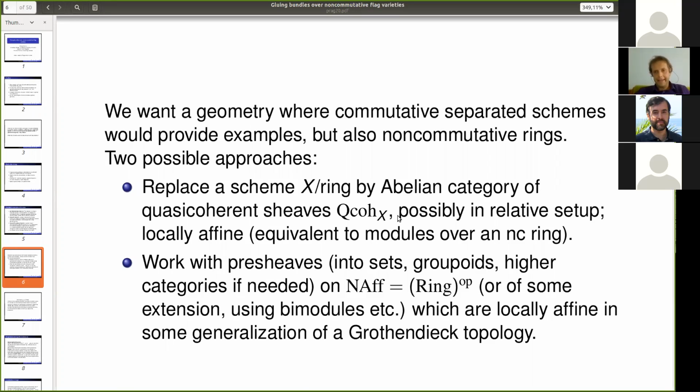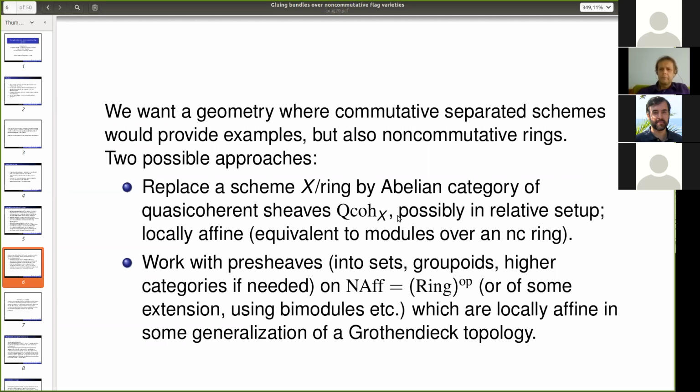In the case of a ring, these are modules over a ring, possibly a non-commutative ring. That's one point of view, that you have a category of quasi-coherent sheaves. And another is that you work with presheaves on the opposite of the category of non-commutative rings. And then among these presheaves, you are taking some special ones which have some sort of sheaf property, like in commutative geometry, but the sheaf property has to be changed to something more general than Grothendieck topology.